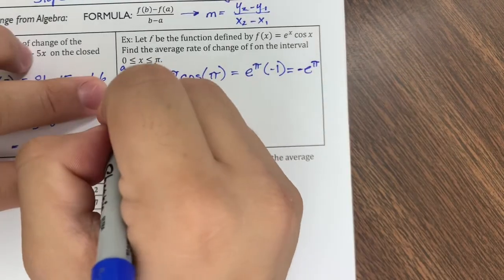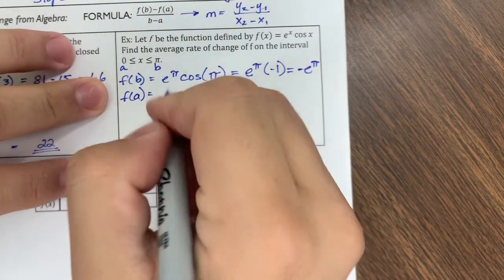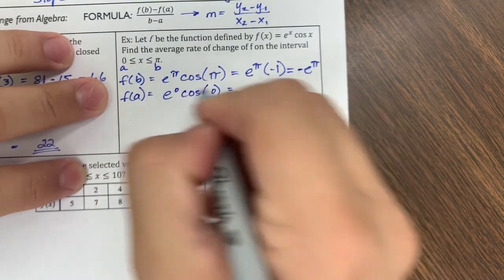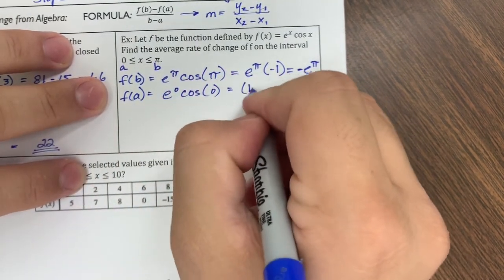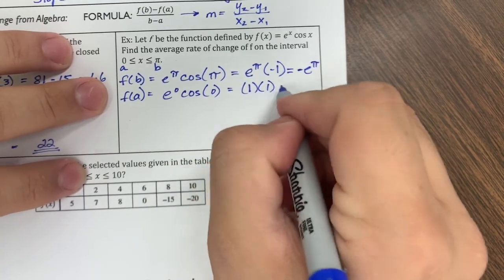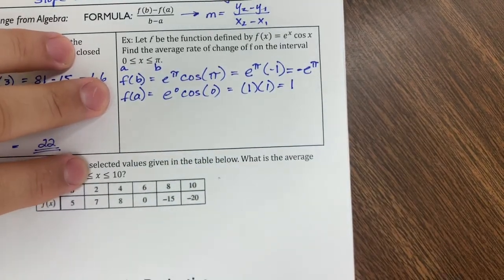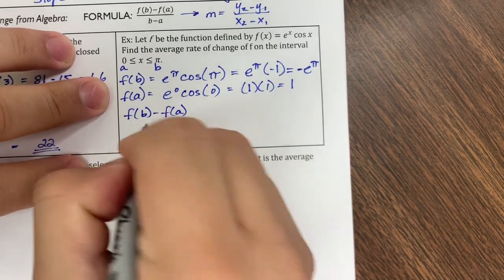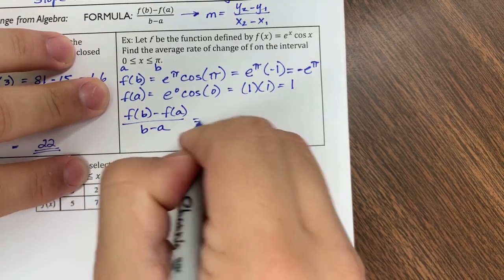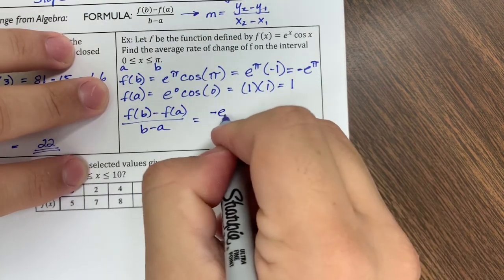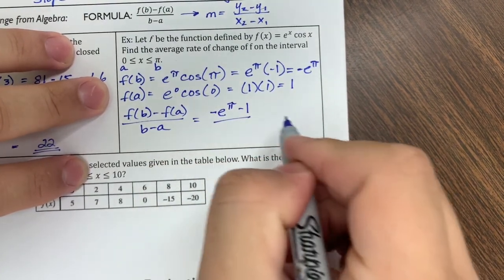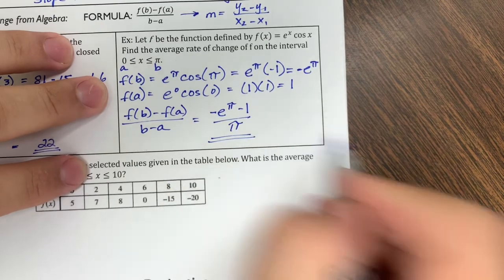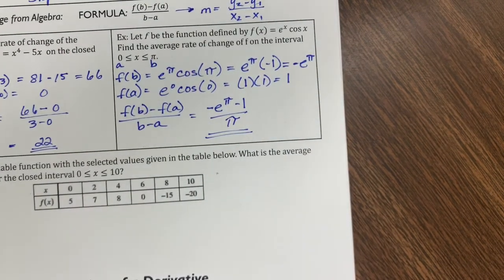And f of a is e to the 0 times the cosine of 0. Anything to the 0 power is 1, and cosine of 0 is also 1, so that's 1. Then f of b minus f of a divided by b minus a gives negative e to the pi minus 1, over pi minus 0 on the bottom, which is just pi, and that's our final answer.